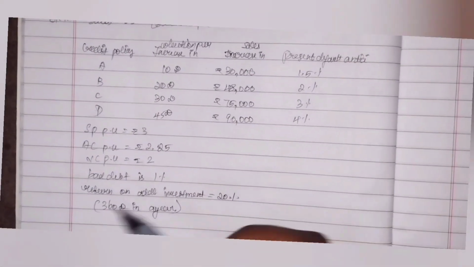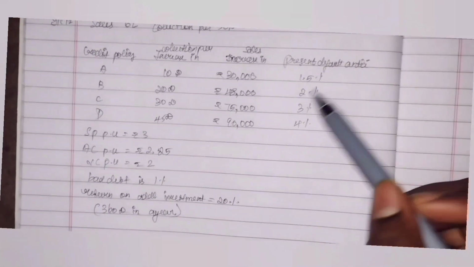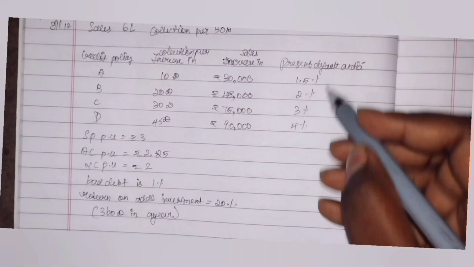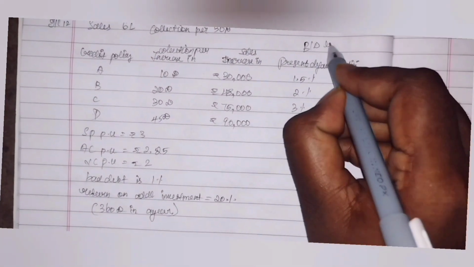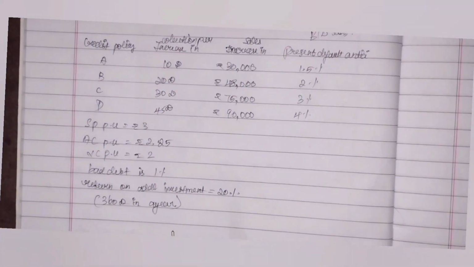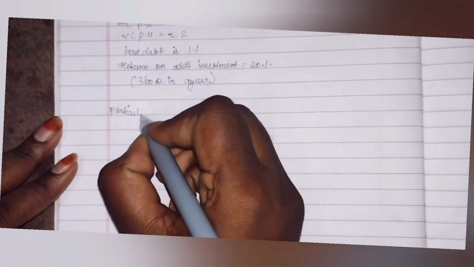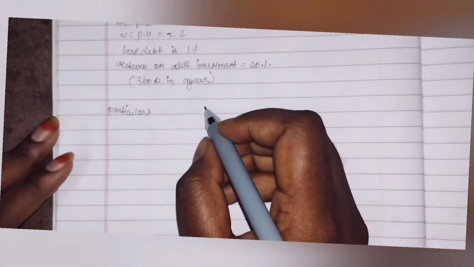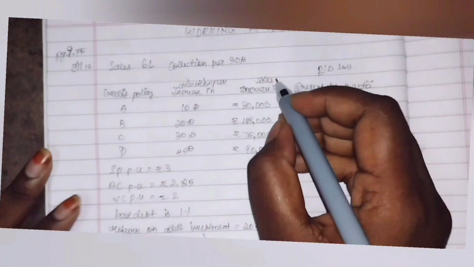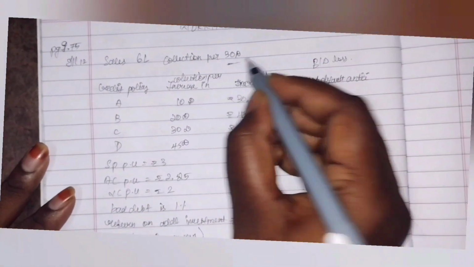I just wrote down the given data here, and present default anticipation is nothing but bad debt losses. Let's prepare a table with particulars. Normally it is 30 days.